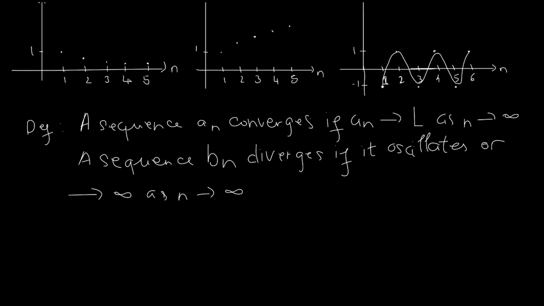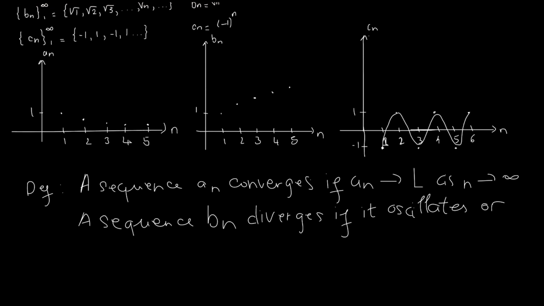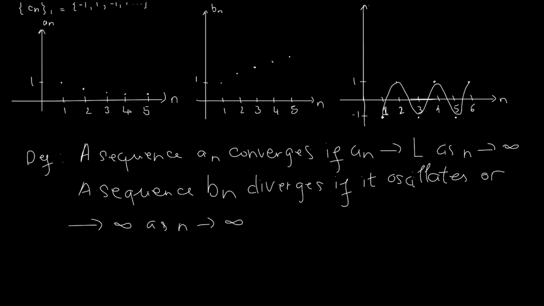But now, how do we determine whether a sequence is convergent or divergent? You do not want to draw the graph all the time, right? There must be an algebraic way of doing this. Well, it's very simple actually. If you look at the definition, it says a sequence an converges if an tends to L as n tends to infinity. This L value here is what we call the limit of the sequence.